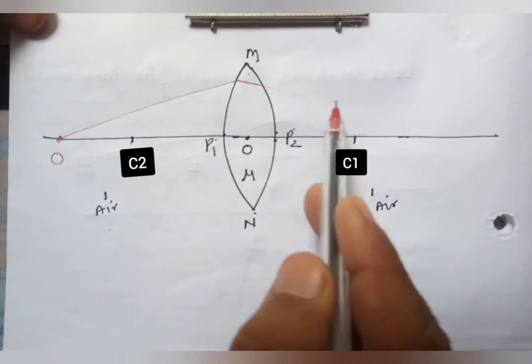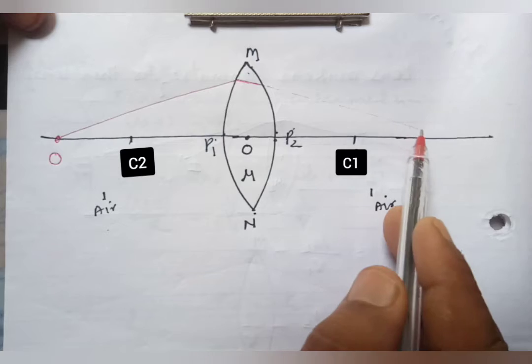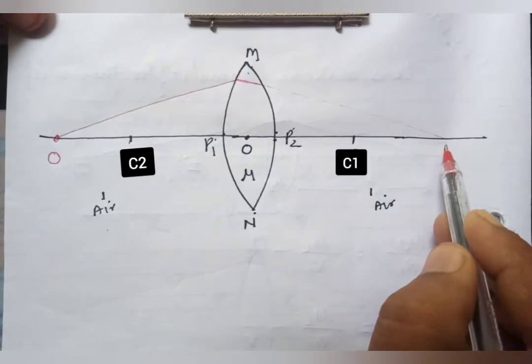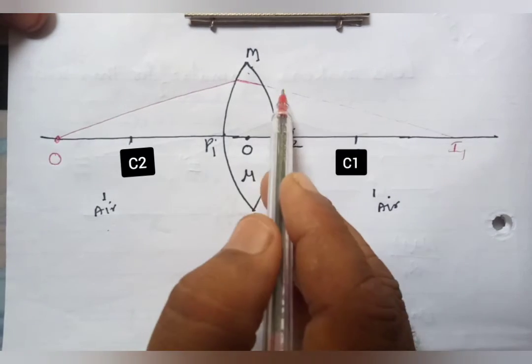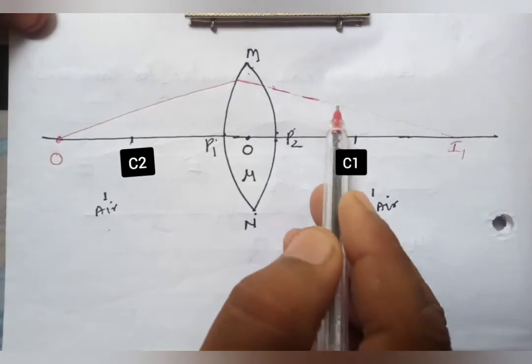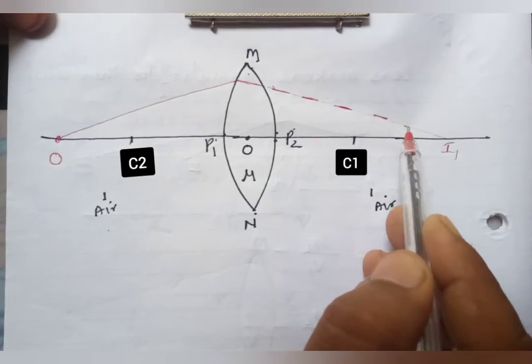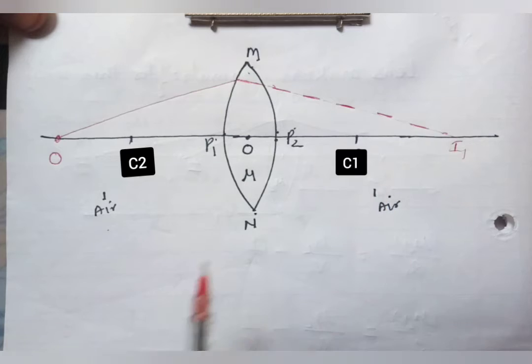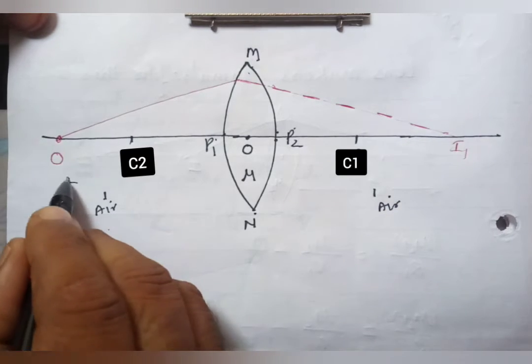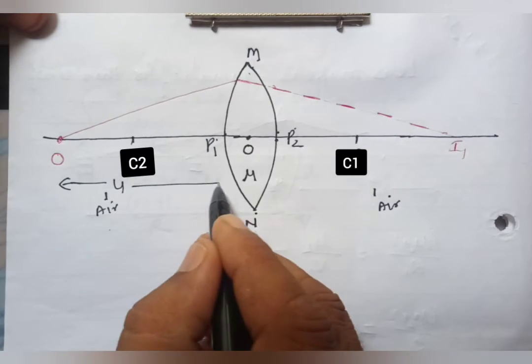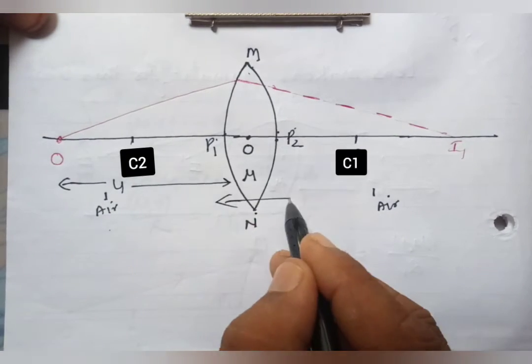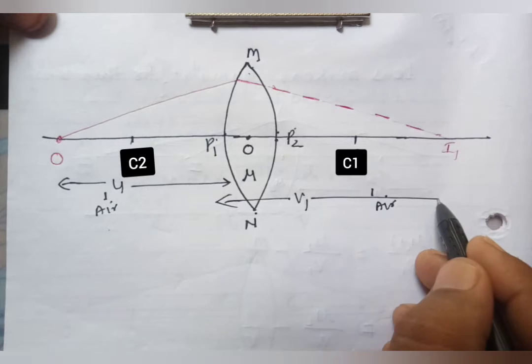Now a virtual image is formed at point I1. This distance is u and this distance is v1.